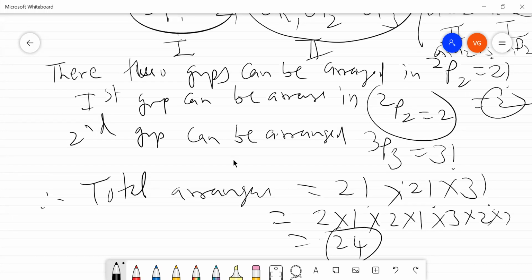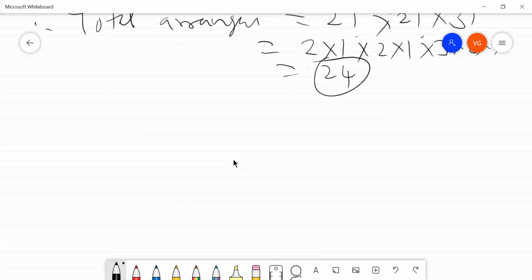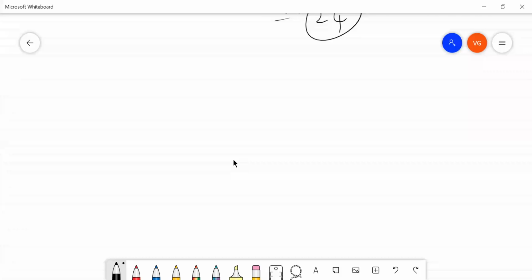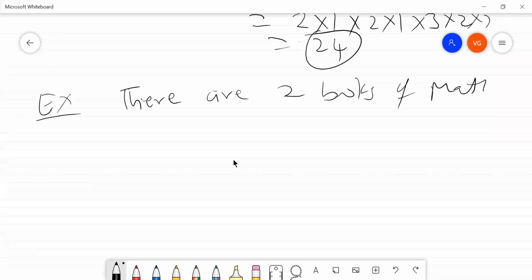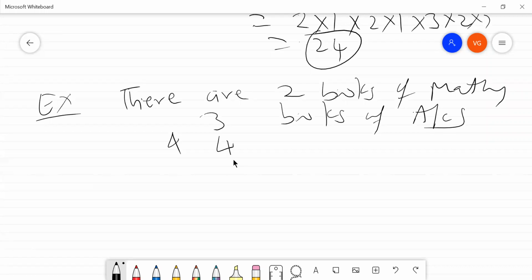Okay, one last problem I will take. There are 2 books of maths, 3 books of accounts, and 4 books of economics.